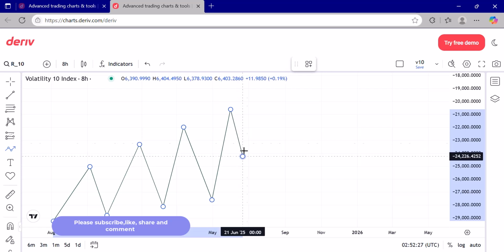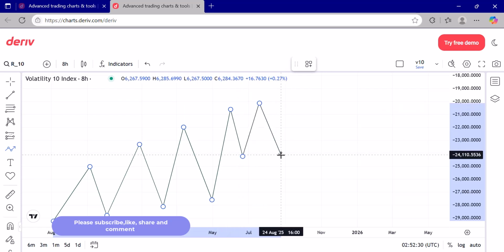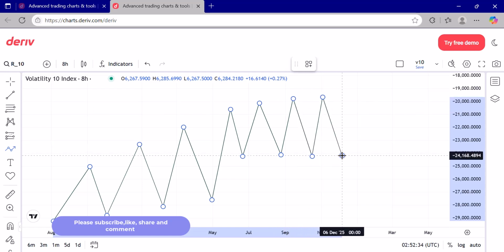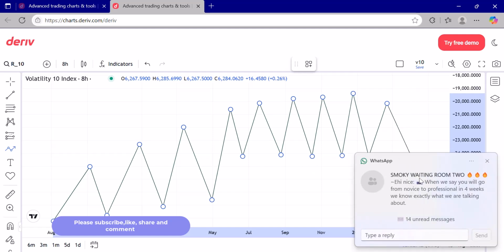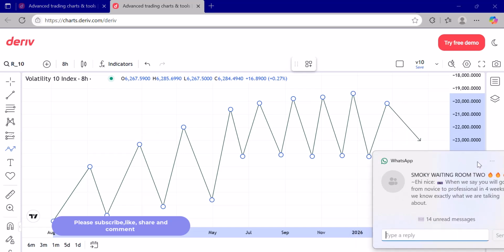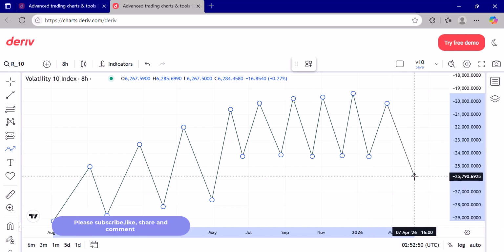Then the market gets to this point, for example, and it consolidates, and then it starts going down.